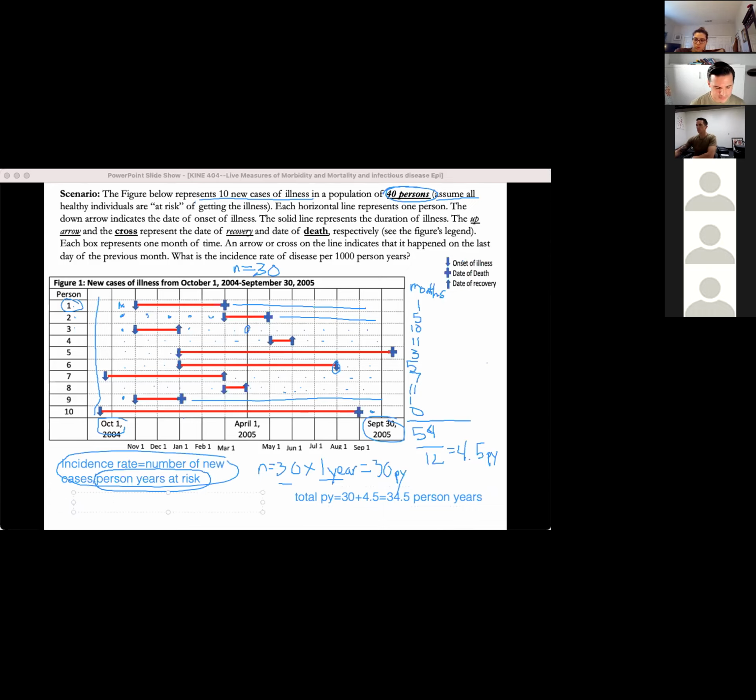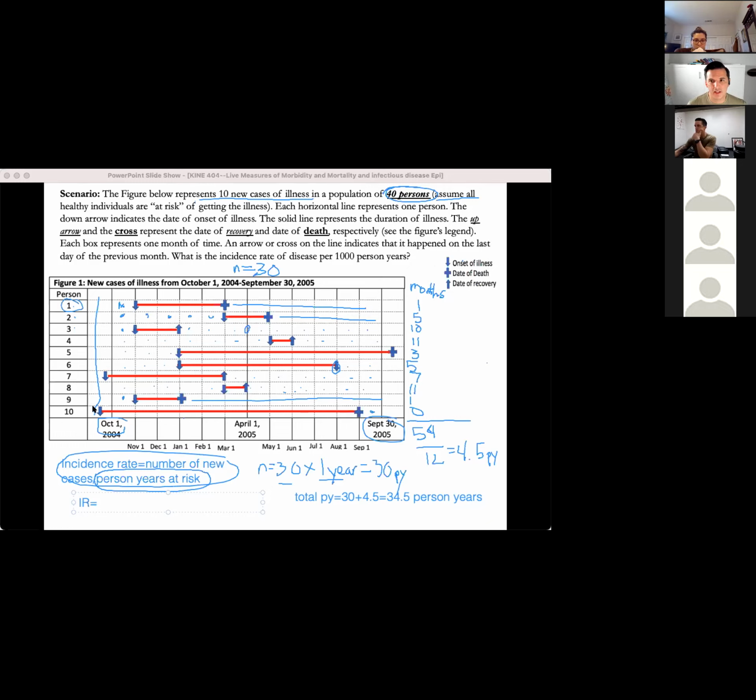So if I want to calculate the incidence rate, first I have to determine my number of new cases during that time period. In order to get the number of new cases, that's all the down arrows, because the down arrows are onset of illness. So I count those down arrows. There's 1, 2, 3, 4, 5, 6, 7, 8.